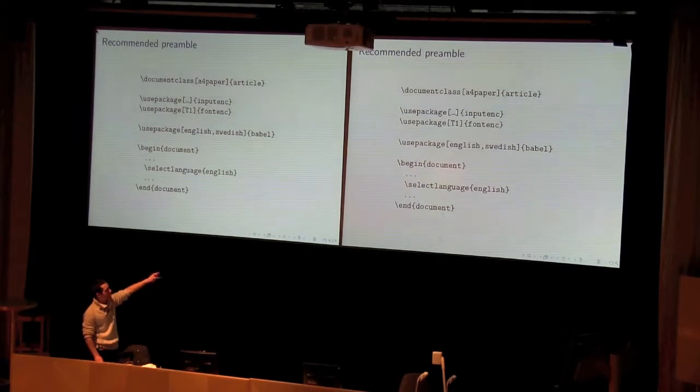If you have to switch between languages, you declare both English and Swedish, and the latter one is always used in this command. If you want to change during the document, you just have to select the language. This is a command that is defined by the package Babel. Okay? Yes?